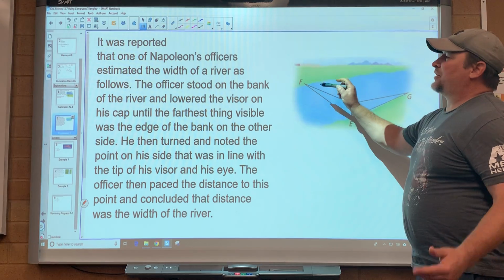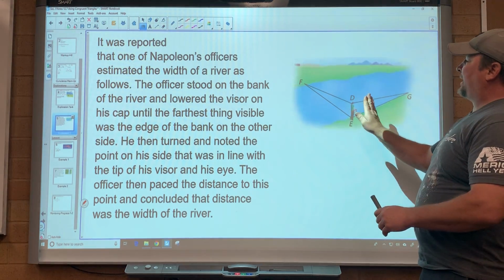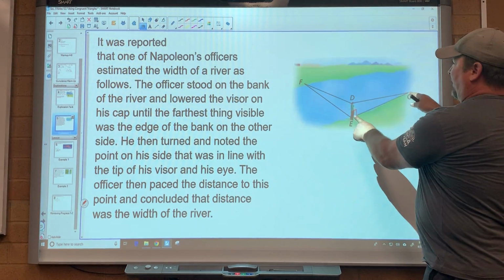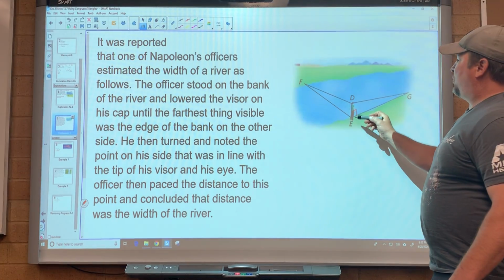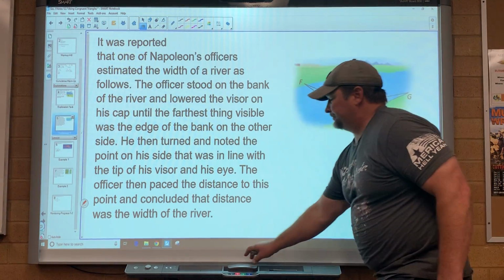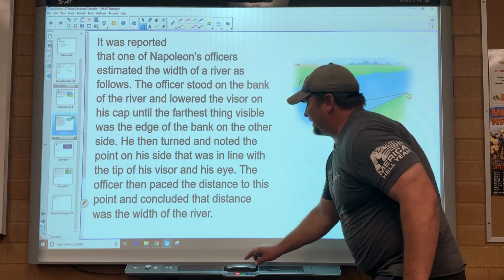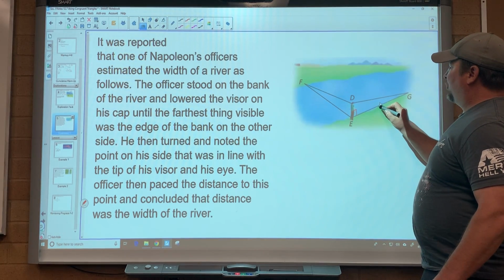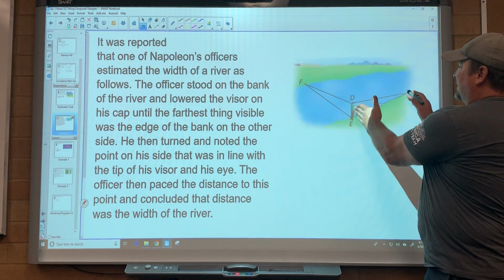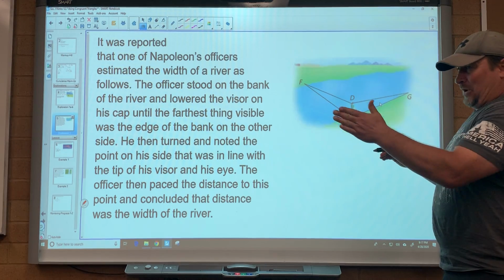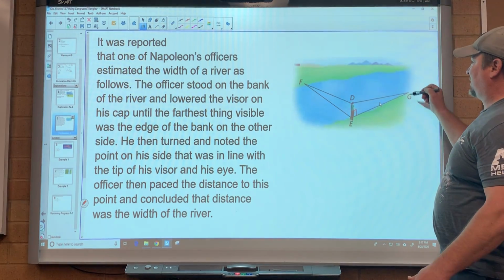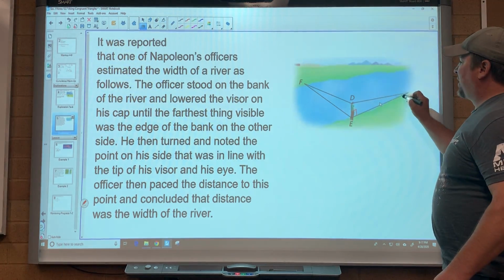Once he saw the farthest edge, he turned his body and looked down the river, and then he walked that distance. Well, once he walked that distance, he knew that he walked the distance that he exactly saw, and he walked this distance right here.